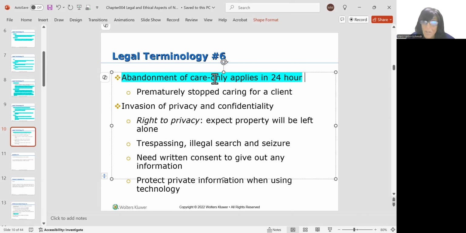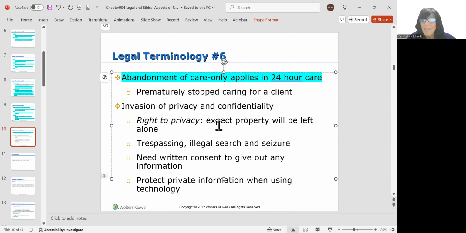So in other words, if you are working in a facility, whether it's acute care, long-term care, subacute care, you take a report and you agree to take on your assignment, and then you change your mind, then you leave, that's abandonment, okay? So that's what that is. And it's a very tricky thing. Just know that if you refuse an assignment, don't accept report on it and leave, that's not abandonment, okay?